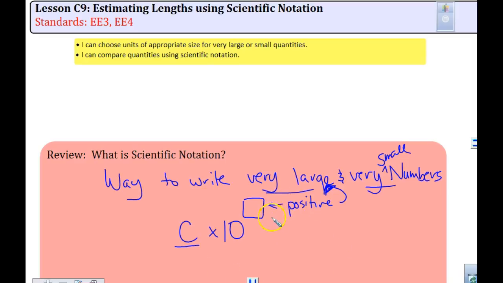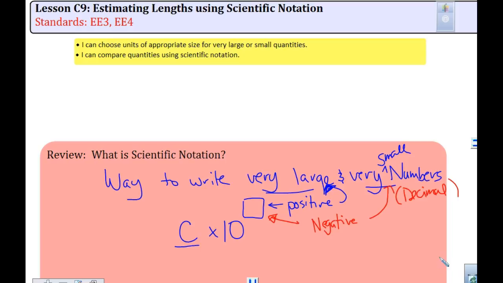And this exponent is actually negative if we are working with a small number. A small number is just a decimal, not negative, but between 0 and 1, and it just gets really, really small. Okay?